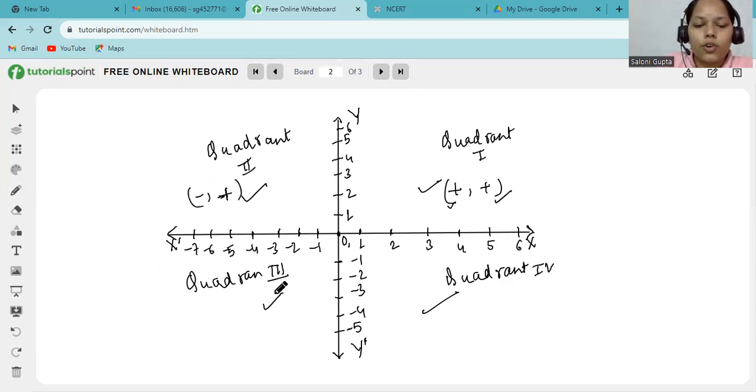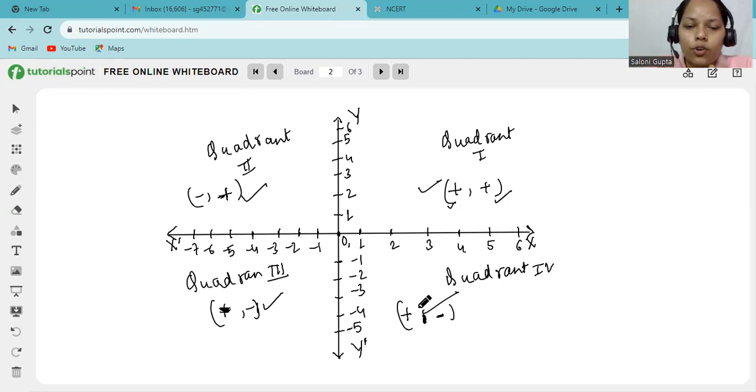In the third quadrant, sorry, both will be negative. And in the fourth quadrant, the x coordinate will be positive and the y coordinate will be negative. So this is how the Cartesian system works.